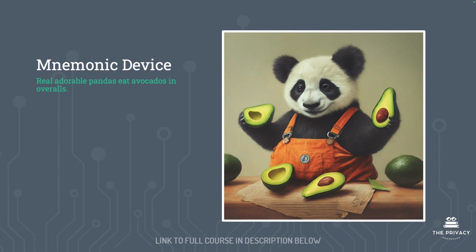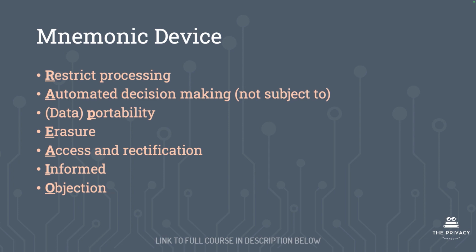So cute. And our mnemonic device represents restrict processing, automated decision-making, not subject to, data portability, erasure, access and rectification, informed, and objection. Now, to make this mnemonic device work, I moved things around a little bit.